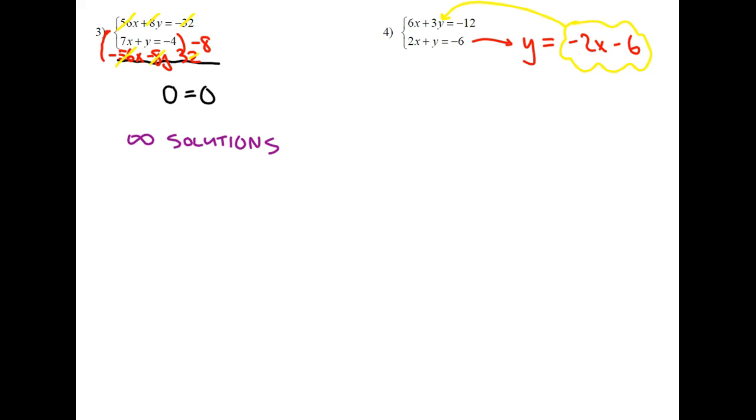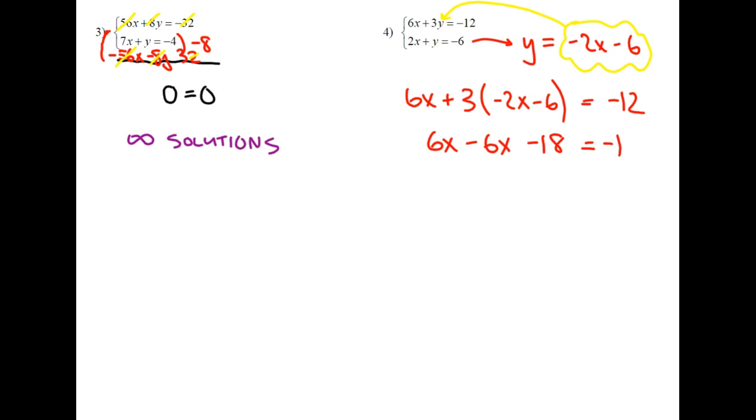So I'm going to have 6x plus 3 times, and instead of y I'll put negative 2x minus 6, and that's going to be equal to negative 12. Okay, clean that up a little bit. I have 6x minus 6x. That's interesting. And then minus 18 equals negative 12.